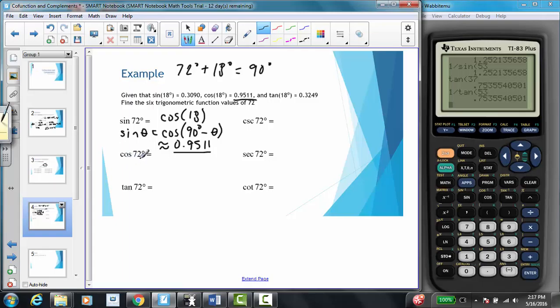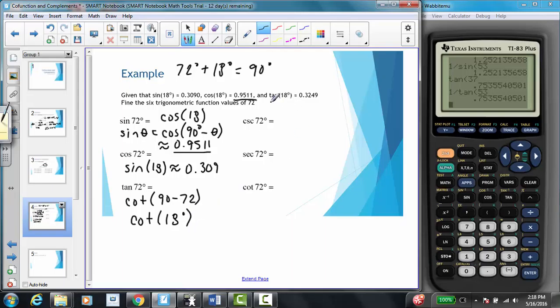So for cosine of 72 degrees, that's going to be the same as the sine of 18 degrees, which is given above to be approximately 0.309. The tangent of 72 degrees is the same as having the cotangent of 90 minus 72. So this really means that we're looking for the cotangent of 18 degrees.